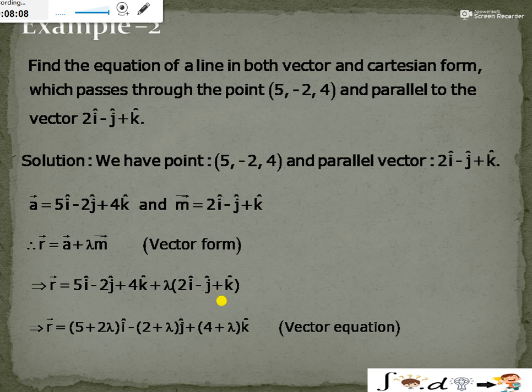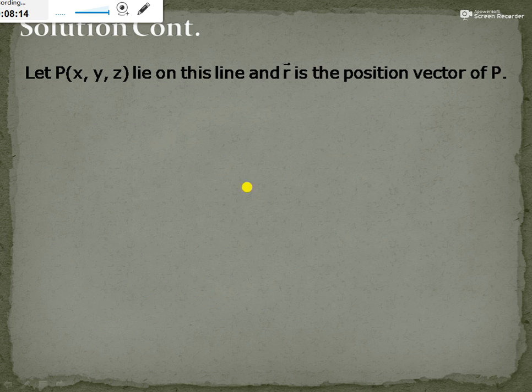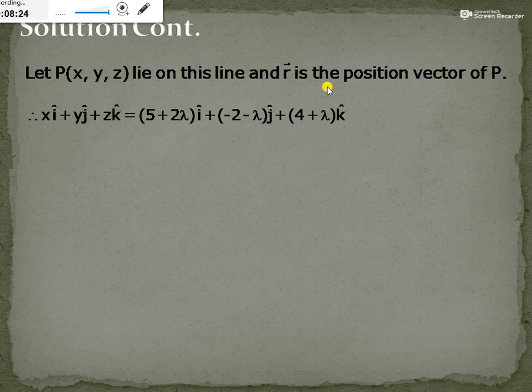And now we have to convert into Cartesian form. In Cartesian form, consider P(x, y, z), any point which lies on the line, and vector r is the position vector of P. Now xi plus yj plus zk equals (5 plus 2 lambda) into i plus (minus 2 minus lambda) into j plus (4 plus lambda) into k.